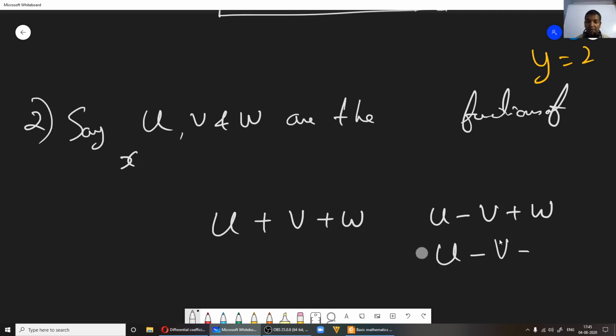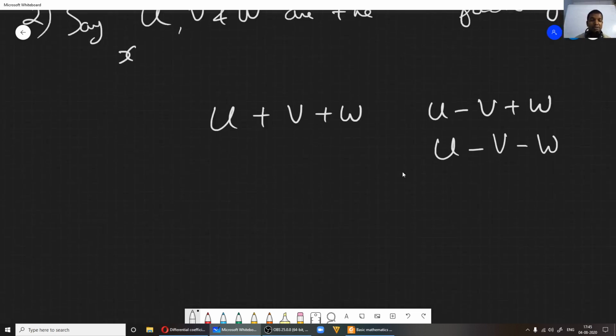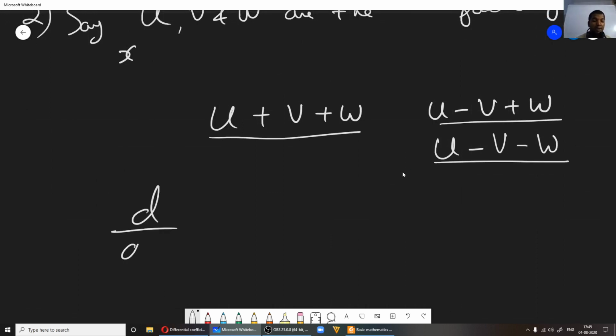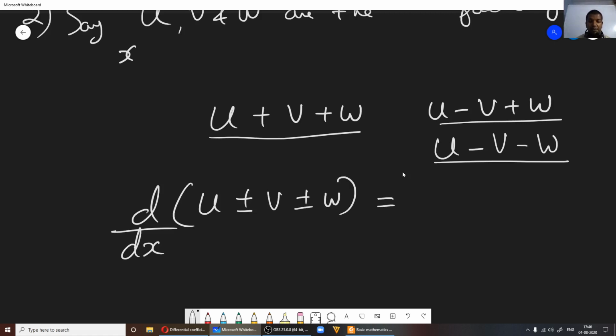No matter what it is, if you have functions added up or subtracted from one another, and you want to find the differentiation of the sum or difference of functions, generally we will write u plus or minus v plus or minus w, that means it can take plus or minus.